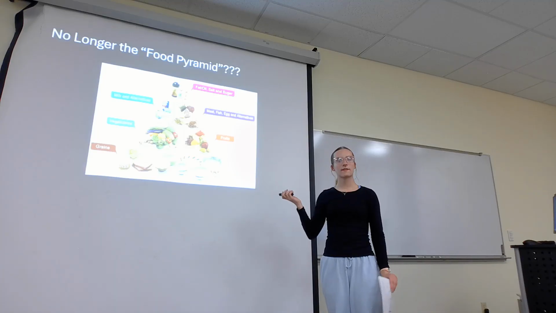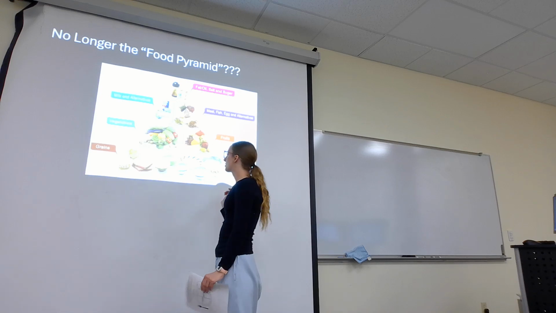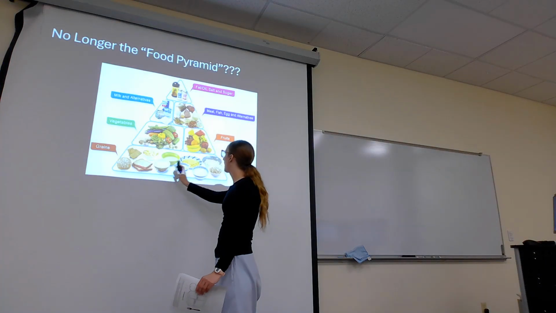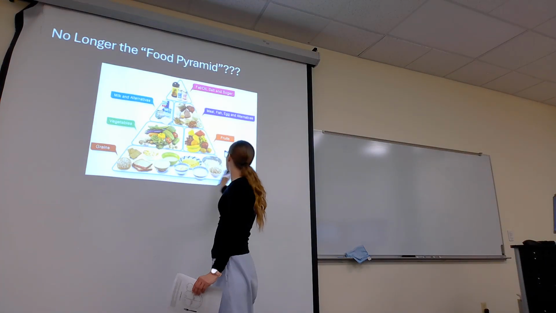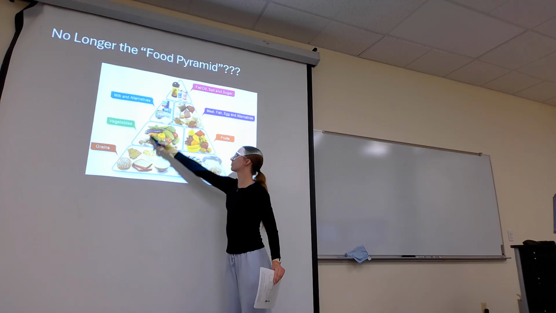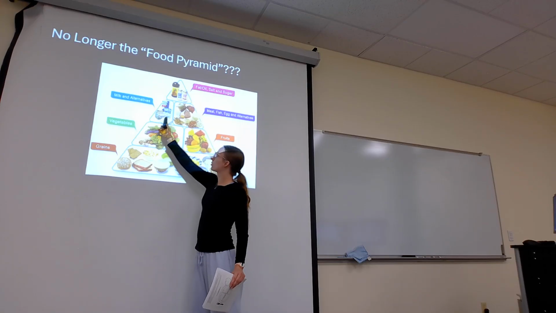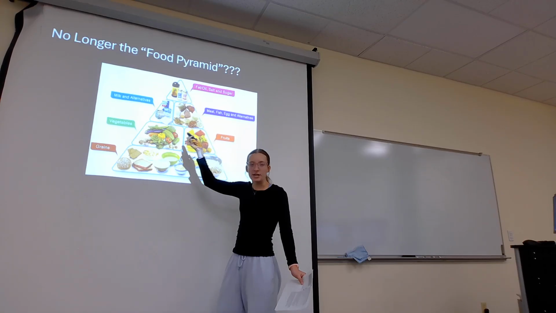Can everybody get a look at that? So, you've got your grains down here. So, we've got a lot of bread. I see rice in there. Up here, we've got vegetables in this area. A little section over here for fruits, milk and alternatives, which would just be dairy.